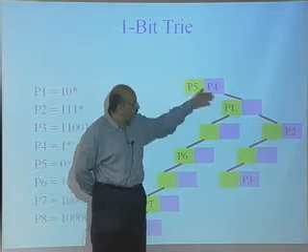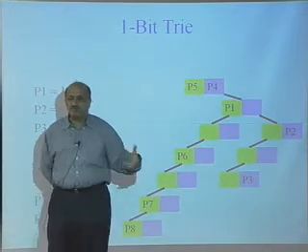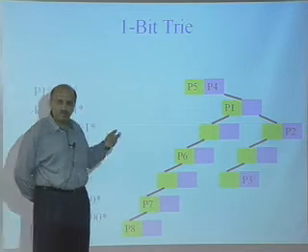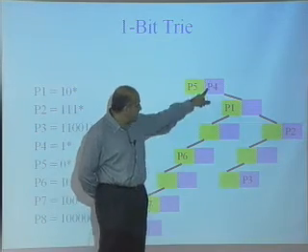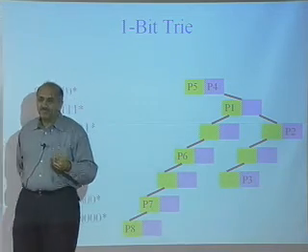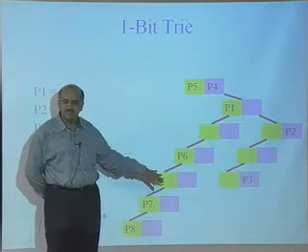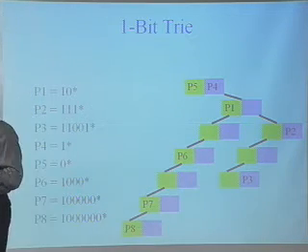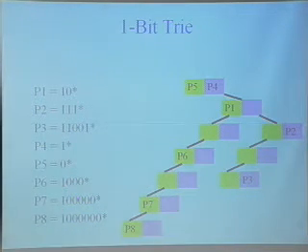All of the matching prefixes will be found on this path. So you follow a path given by the destination address, and every matching prefix in the table is found on this path. The longest matching prefix is the last prefix you see on this path. So you keep track of prefixes as you see them, and the last one you saw is the answer to the search.